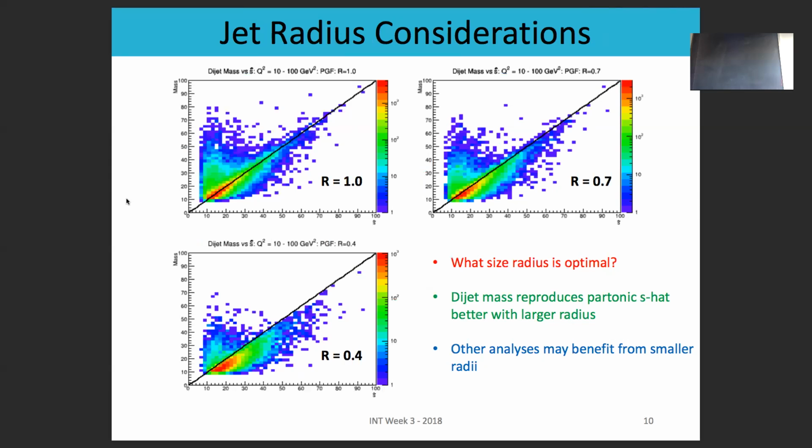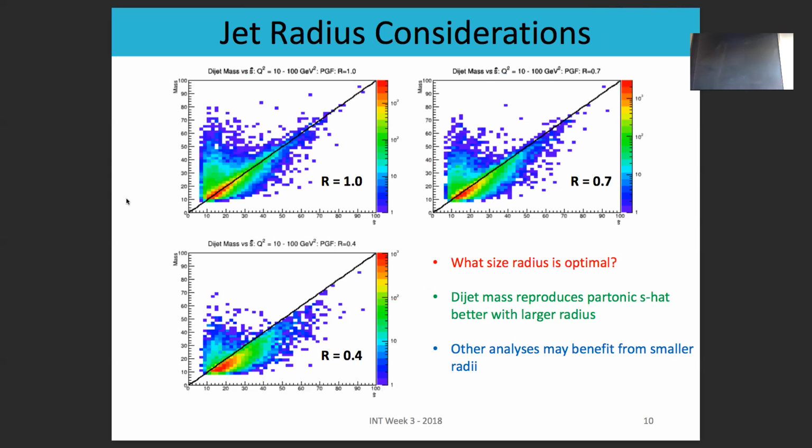So what you're doing is, the smaller your jet radius, the less of the energy from the hadronizing parton you're catching, and so you're underestimating the partonic quantities as you go lower. And so for an analysis where you want to capture the partonic information, it seems that the larger radii are better.